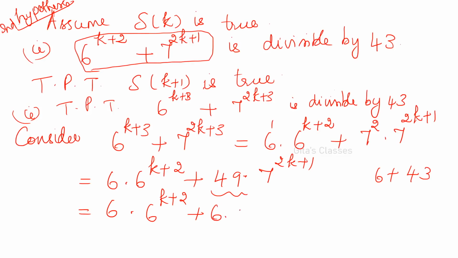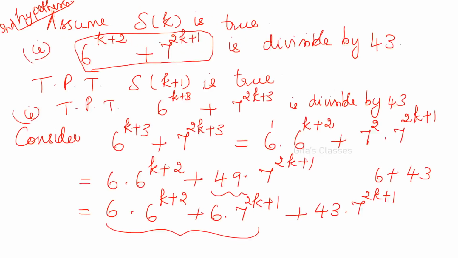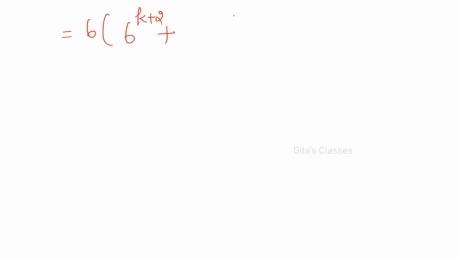So 6 into 7 power 2k plus 1 plus 43 into 7 power 2k plus 1. So from the first two terms I can take 6 outside: 6 into 6 power k plus 2 plus 7 power 2k plus 1, plus 43 into 7 power 2k plus 1.